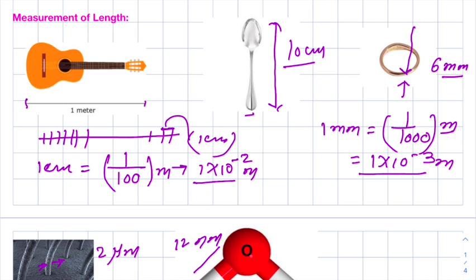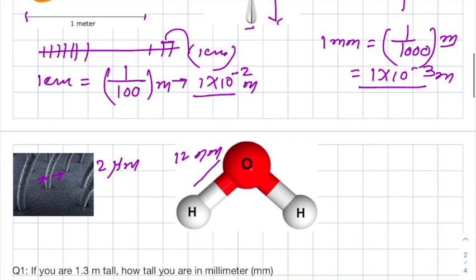Similarly, micrometers you can express like this: 1 micrometer equals 1 times 10 to the power negative 6 meter. And 1 nanometer means you divide the 1 meter into 1 billionth sections, and 1 section represents 1 nanometer.